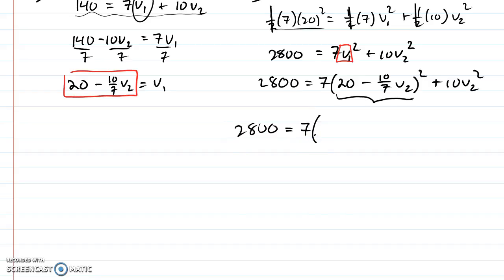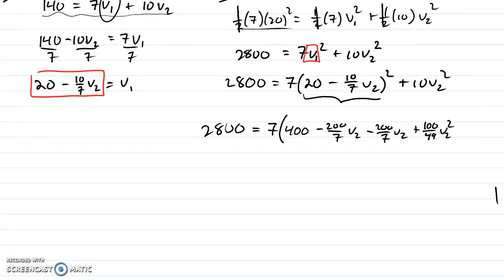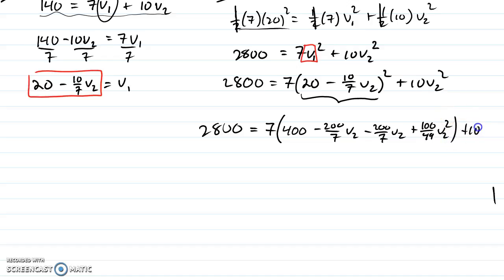I'm going to have 400, it's 20 times 20, and then 20 times this would be negative 200/7 v2, and again I'll have a minus 200/7 v2, plus 100/49 v2 squared, plus 10 v2 squared. Alright, if you need to, just change 10/7 into a decimal and then maybe keep 3 or 4 decimal places so you're accurate.